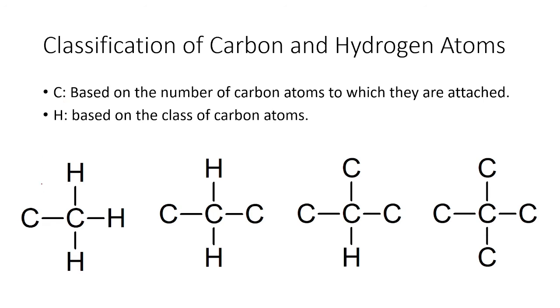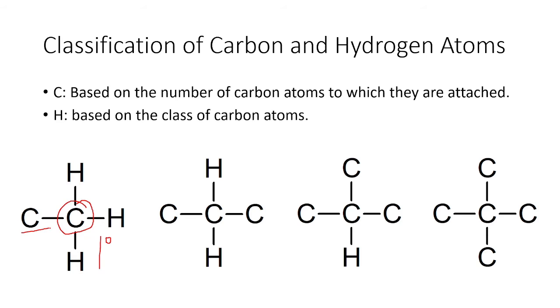Okay. So for this one, let's focus on the central carbon. This is what we call a primary carbon atom. Why is it primary? Because if we look into the number of carbons that is attached to this carbon, we only have one carbon.